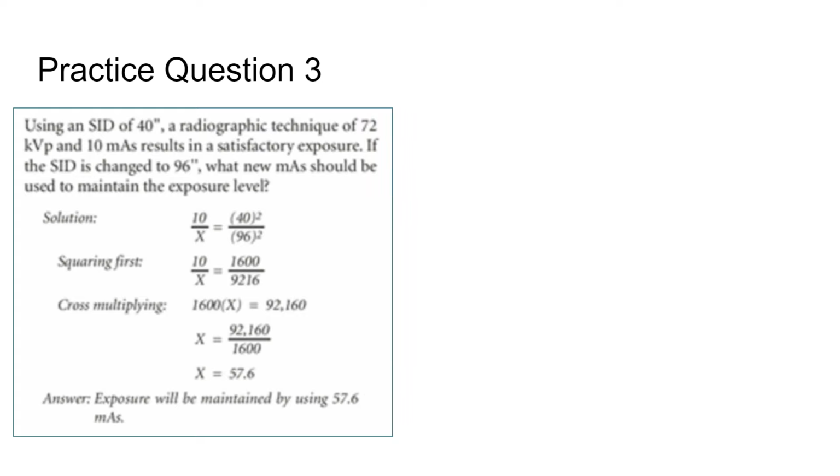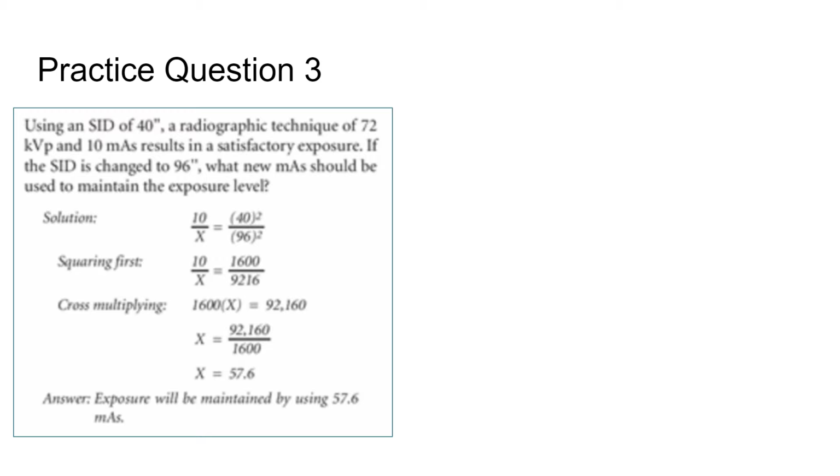So, using an SID of 40, that's my first distance. A radiographic technique is 72 kV. kV? No. Irrelevant. So you think I'm the only evil person that puts information into questions that you don't really need? No, I'm not.